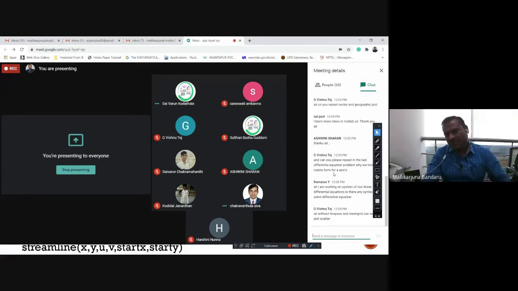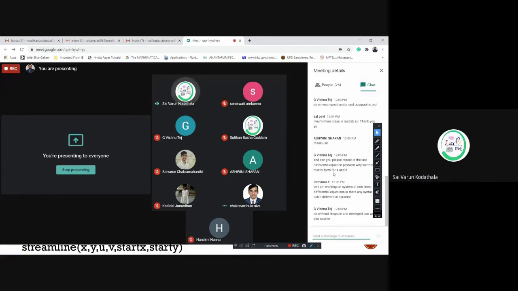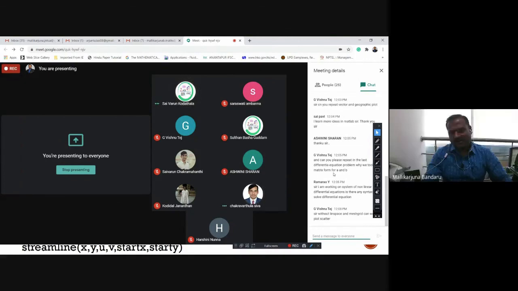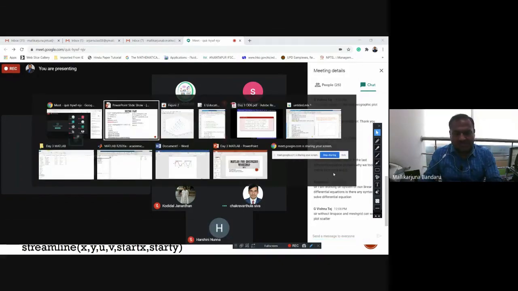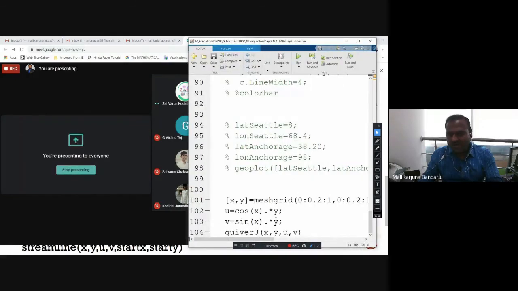Another question is, without linspace and meshgrid, can we plot a scatter? Yeah, you can. I told you, linspace is only syntax. Just now, I have drawn the vector plot. The same thing, suppose capital X is equal to linspace from 0 to 1, 20 points.